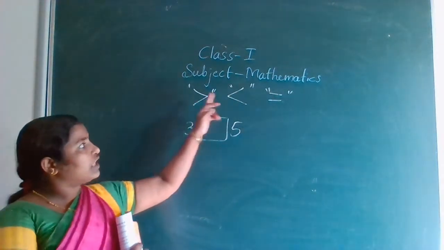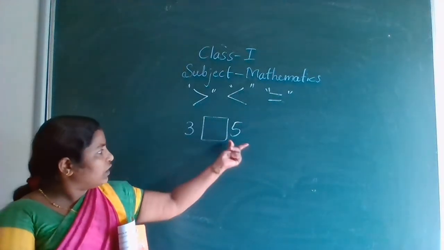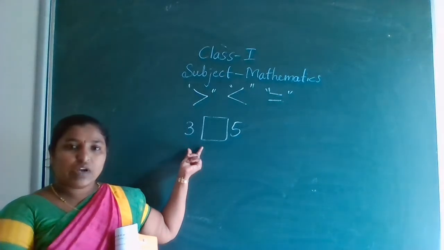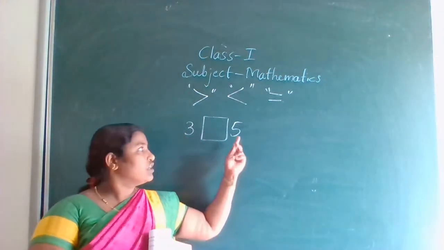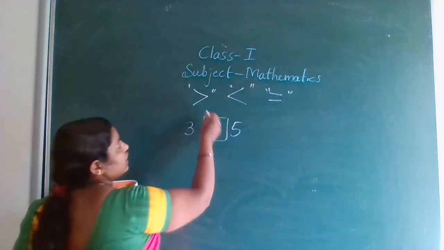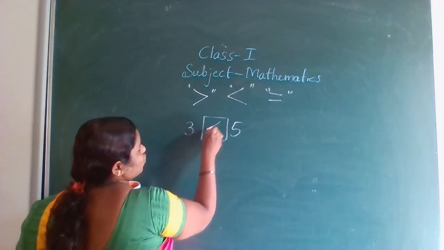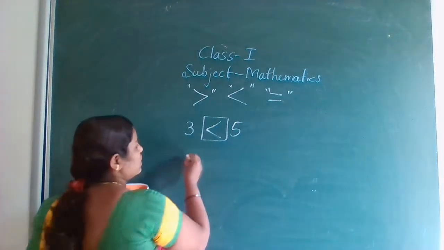This is greater than, less than and equal to. So you should compare the numbers which are given, 5 and 3, and you should identify the biggest number. Which is the biggest? 5. So which side is big? That side open should be. So here open, this is closed point. So you should write the symbol like this.